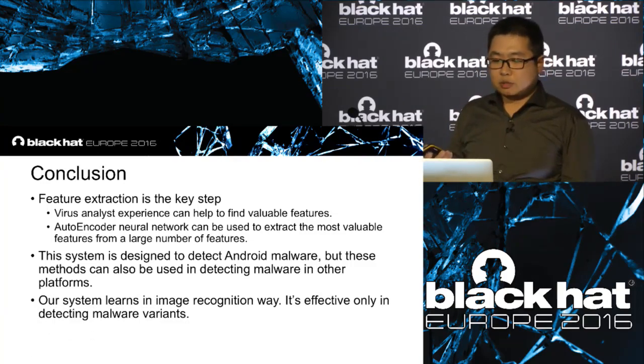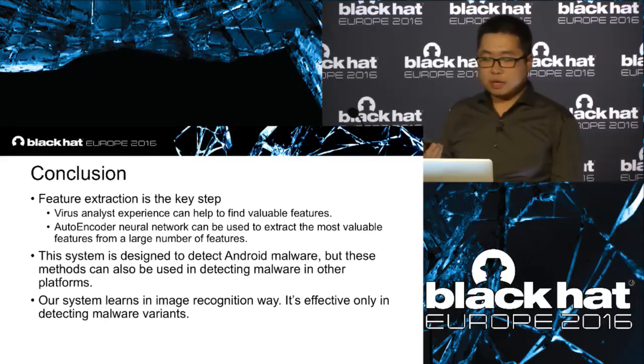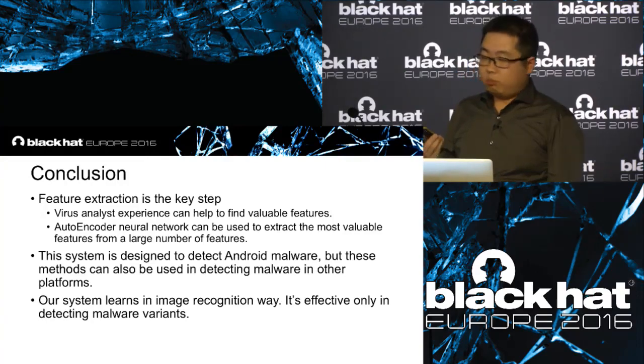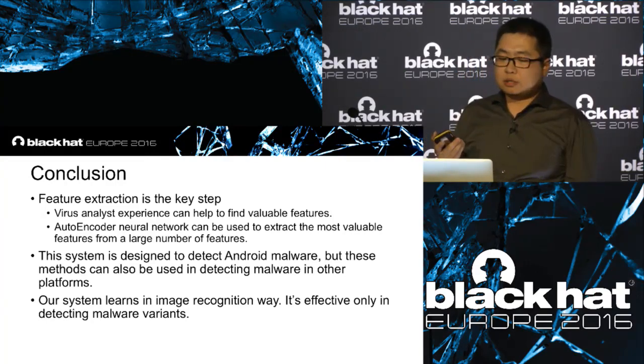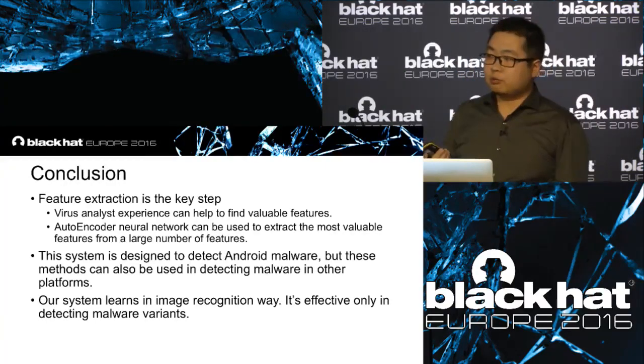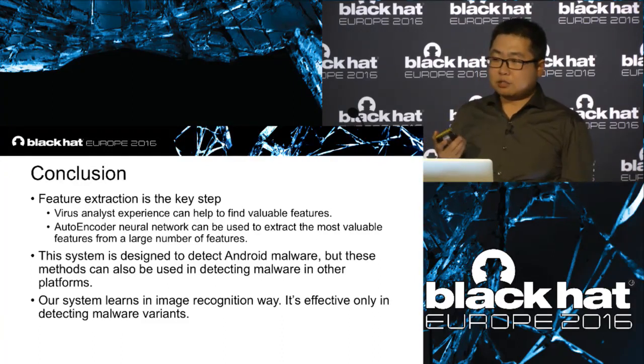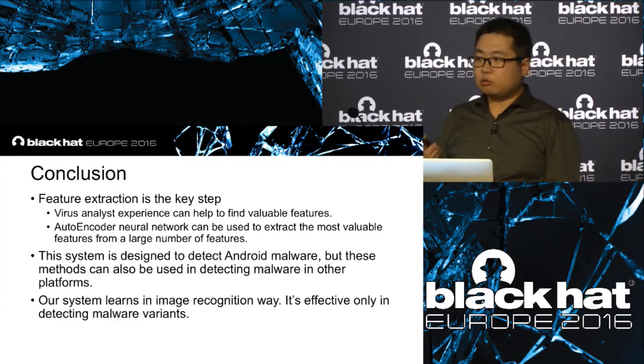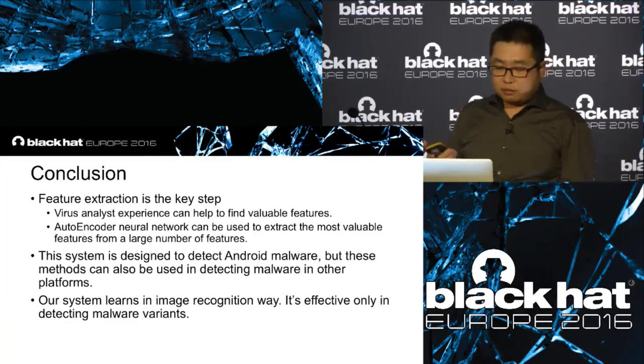Last, our system learns in an image recognition way. It's effective only in detecting malware variants. But if it can learn in a speech recognition way, maybe it can understand the code meaning and read the code logic to uncover a new malware family. That might be what we are going to do next.